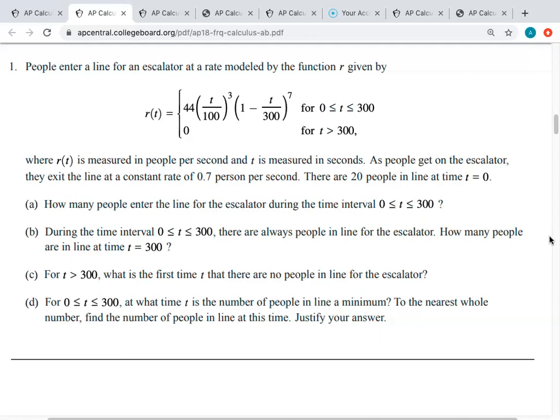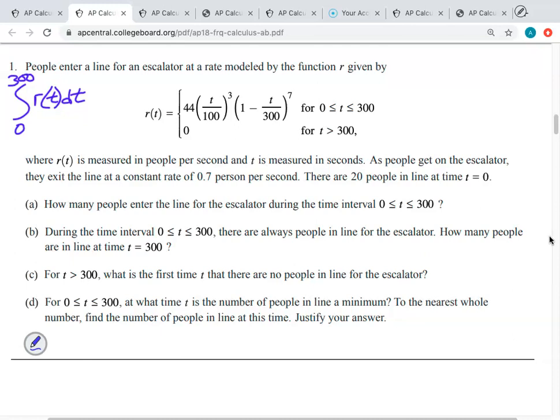So if I do the integral from 0 to 300 of r of t dt, it doesn't give me how many people are in line, but it gives me how many people entered the line, because this is the rate at which people enter the line.